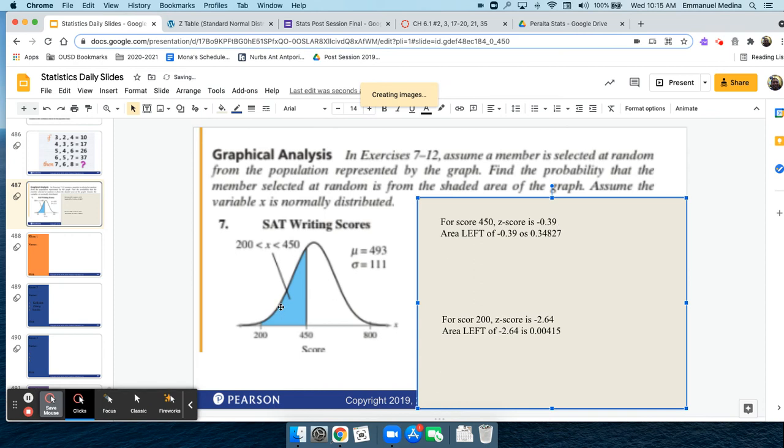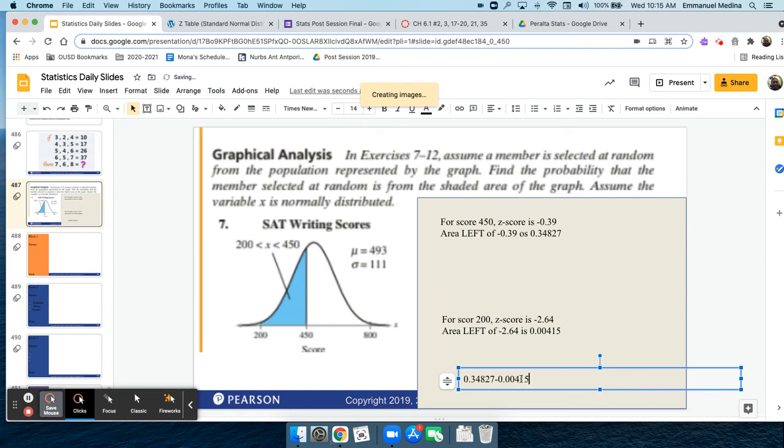This number, which is the big area all the way to here, minus this little tiny area, which is this piece, is the area of your shaded region, which is 0.34827 minus 0.00415.